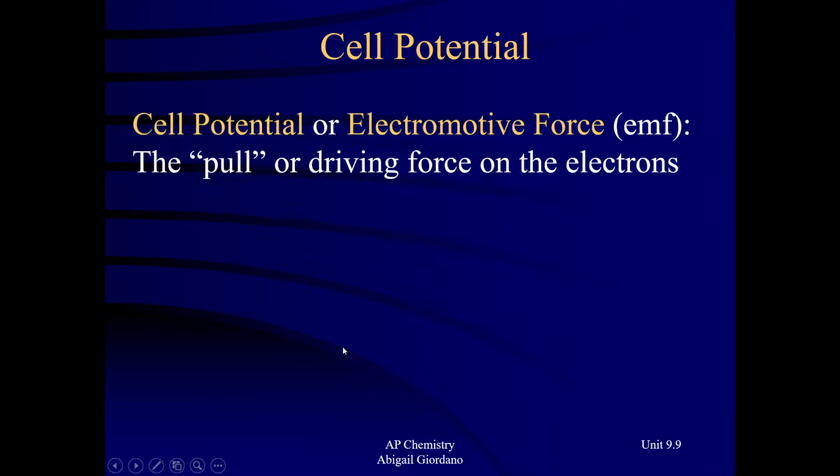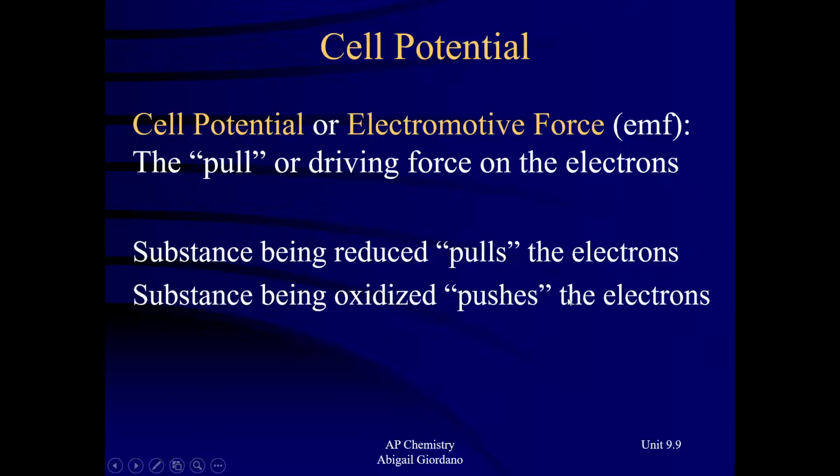There's a little bit of vocabulary here. Because we are a chemistry class, we are going to use the term cell potential, whereas physics people might use the term electromotive force or EMF. We're talking about those electrons moving through the wire. Now, my physics friends tell me that what we call a cell potential, what they call an electromotive force, isn't actually a force moving the electrons, but you can sort of think of it that way.